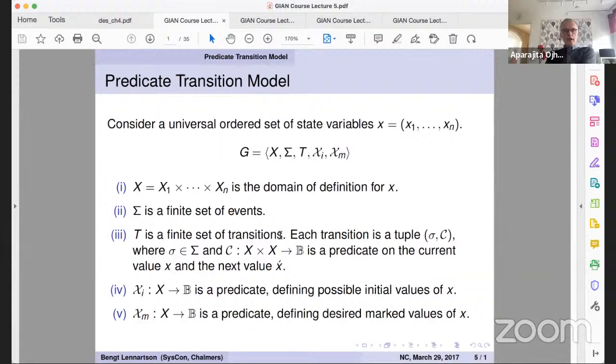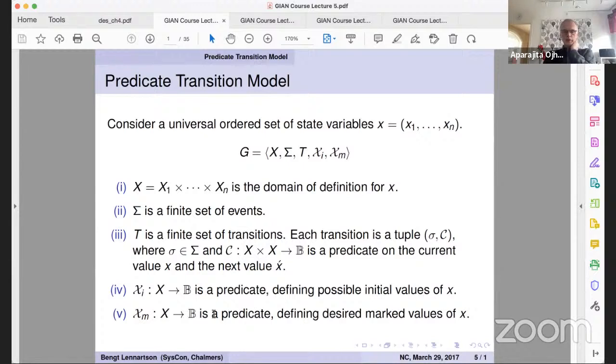For that, you can define transition relations, and what I call a predicate on the transitions, and also a predicate defining the initial state or possible initial values of X. It could be one unique value of the state vector, but it could also be a set of different values of the state vector that are possible initial states.